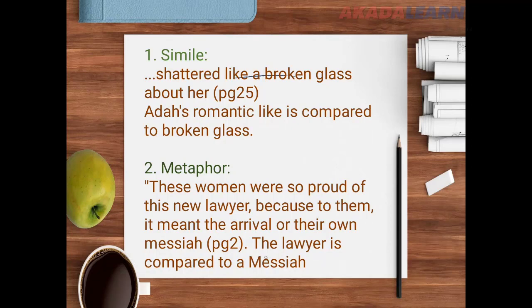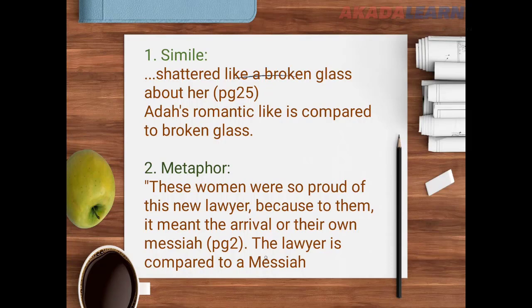"These women were so proud of this new lawyer because to them it meant the arrival of their own Messiah." The lawyer is compared to a Messiah because he is the first educated person in their Ibuza town. All of them came to welcome him. They were happy. To them, he has learned the white man's language. He will come and better the place for them, and the majority of them will have access to the white man's knowledge. So he is seen as the Messiah to them.